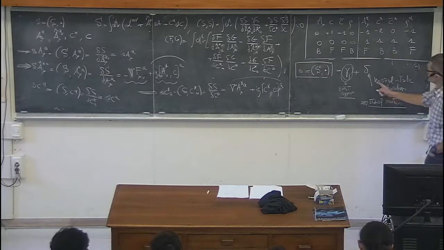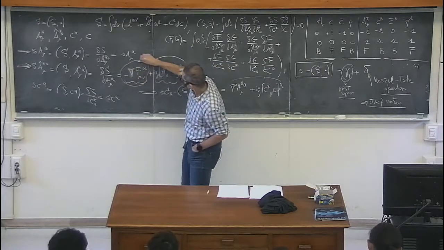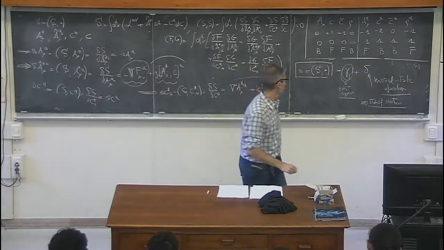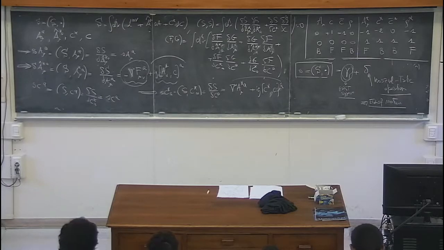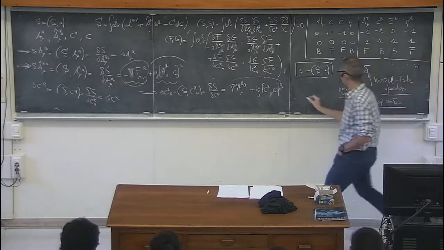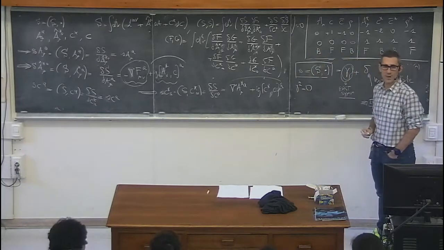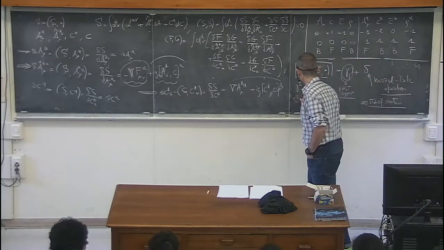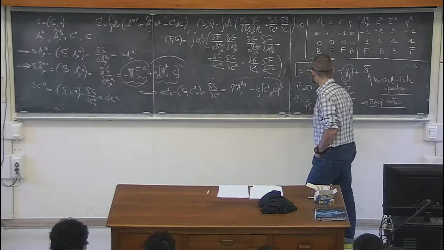In fact, in this case, the only contribution is coming from this. So what you can check is that now gamma squared is nilpotent. You can check that delta squared is nilpotent. And you can check that gamma and delta anticommute.